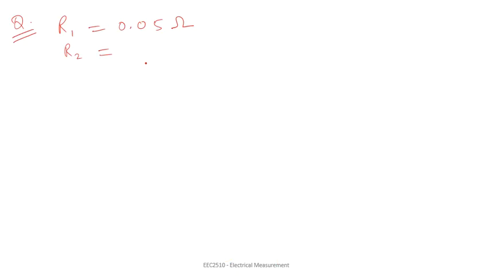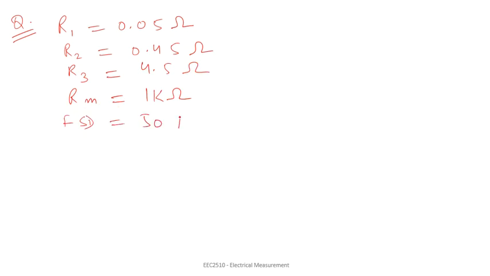R2 will be equal to 0.45 ohm, R3 equals 4.5 ohm, Rm equals 1 kilo ohm, and the full scale deflection of the meter will be 50 microampere. So the 3 different ranges of the ammeter you have to calculate.